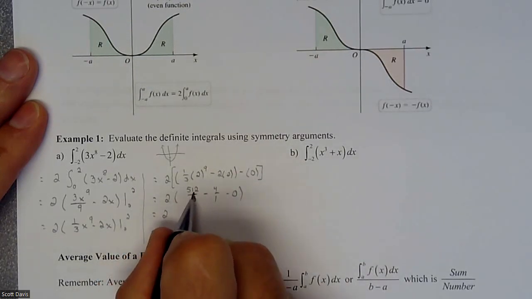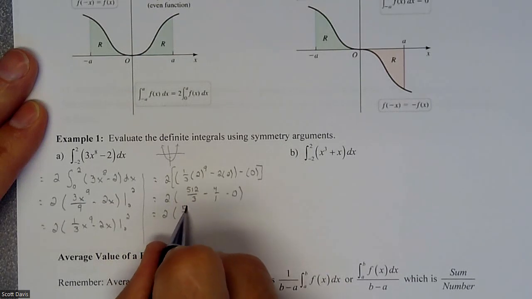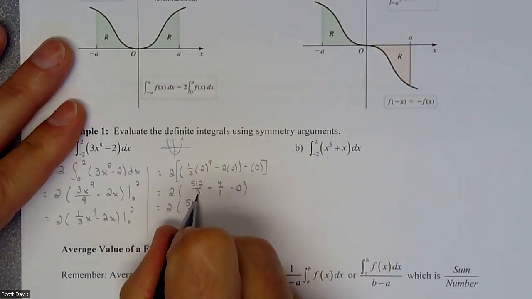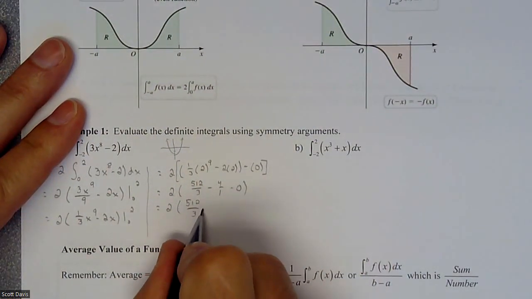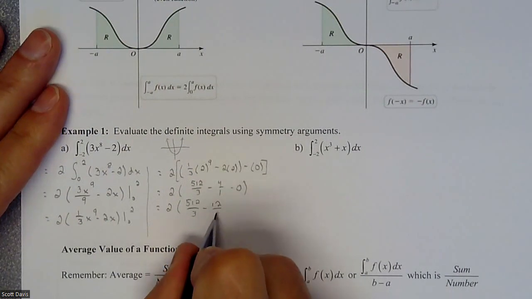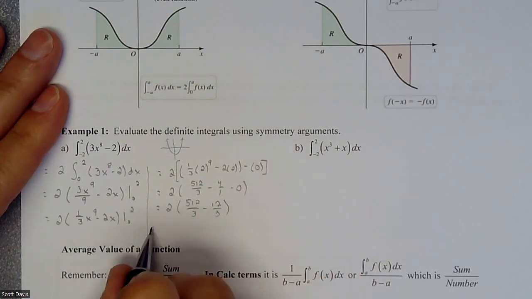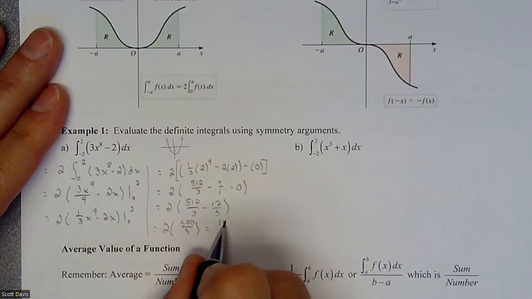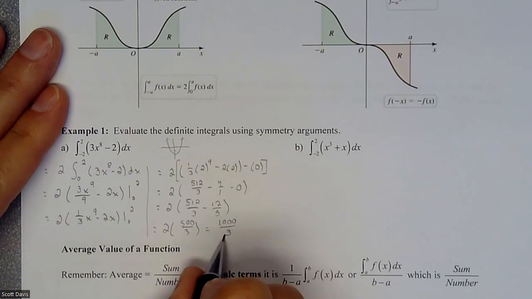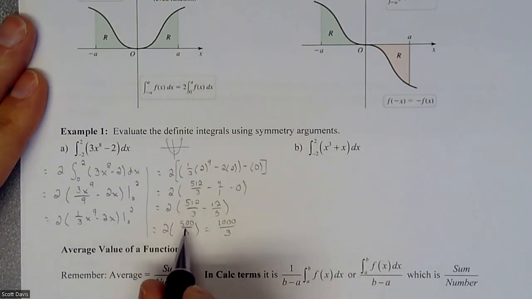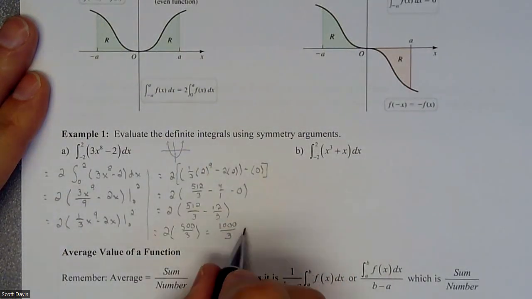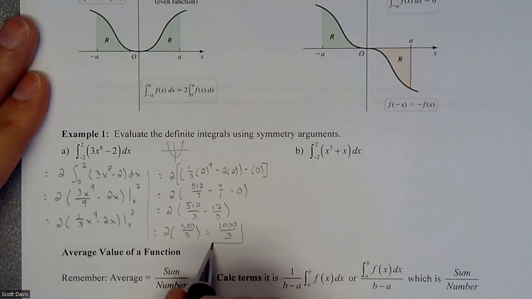So now we're going to have 512 thirds minus 12 thirds, which is getting us 500 thirds, times 2 equals 1,000 thirds. And that's the area for both sides. 500 thirds was the area for the right side, and then the area for the left side was over there. So that is our area.